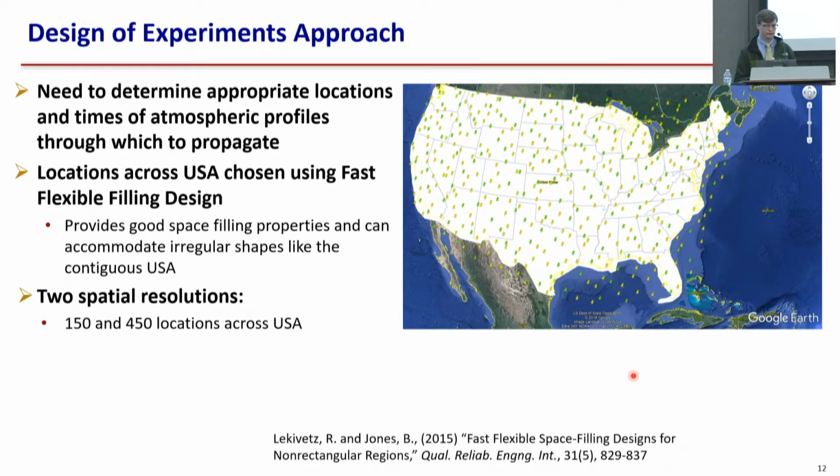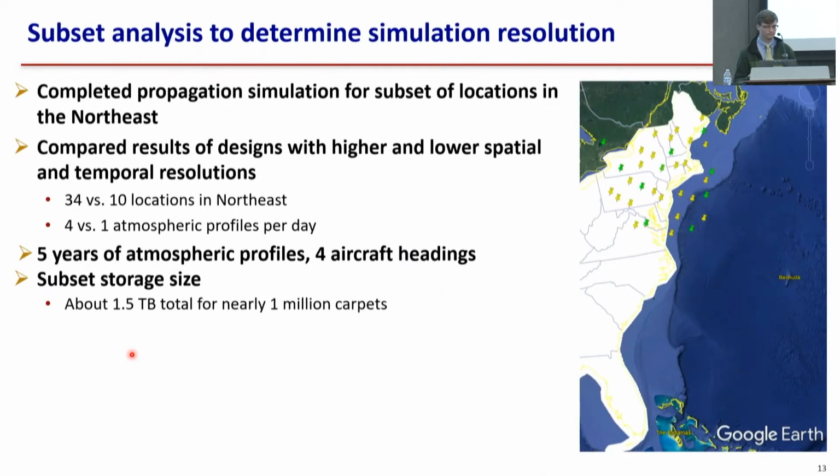It was chosen using a fast flexible filling design, which provides, of course, good space filling of the irregular shape of the U.S. All you have to do is provide it linear constraints of your shape and how many points you want, and it'll fill the design space for you. So we were going to look at 2 spatial resolutions of 150 and 450 locations across the U.S.